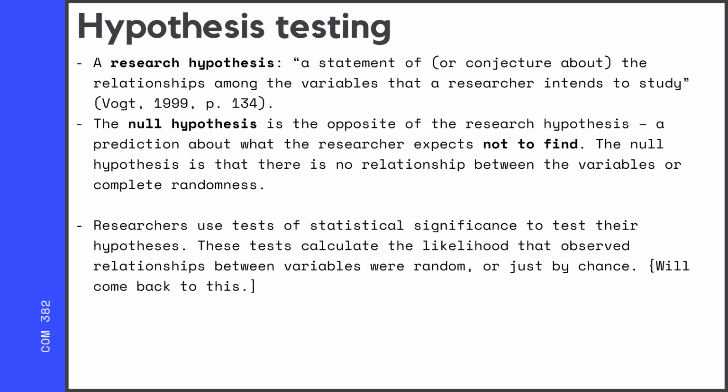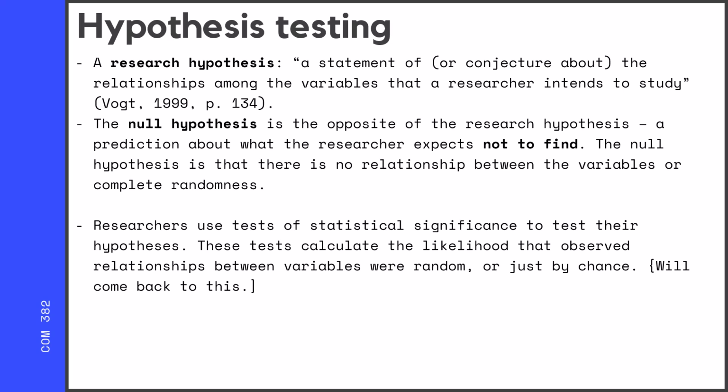Hear me out. Try to follow along. There's also videos on this. The null hypothesis is the opposite of the research hypothesis. It is a statement that is a prediction about what the researcher expects not to find. The null hypothesis is that there's no relationship between the variables or that there's complete randomness.